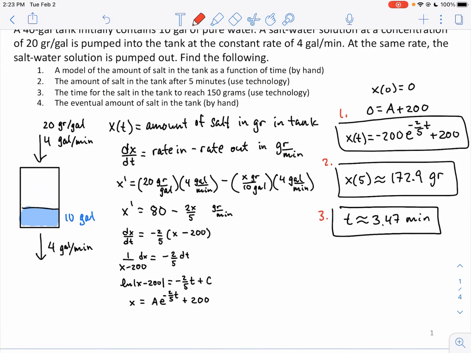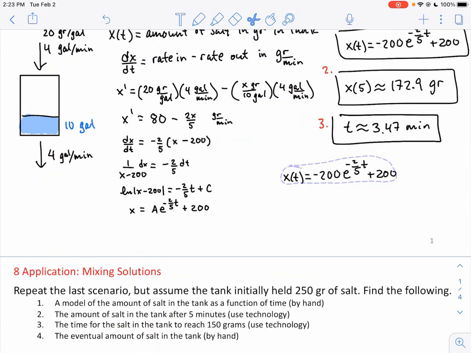And 4 is the eventual amount of salt in the tank. And so that means what is the limit as t goes to infinity? And notice we were asked to do this by hand. I'm going to copy this formula, bring it down here, paste.